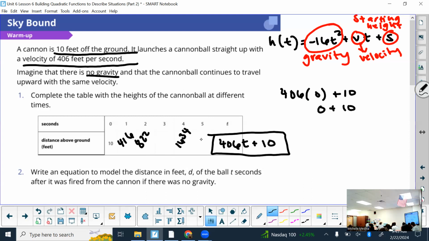Table 2, when t is 5, what's my output? 2040, and then table 9, when t is 3, what's my output? Would be 406 times 3. And then add 10.